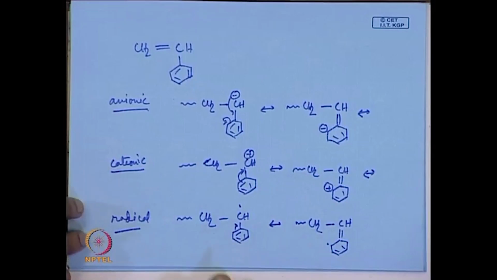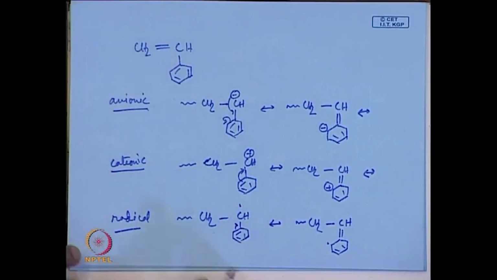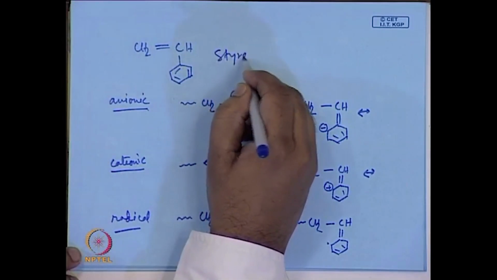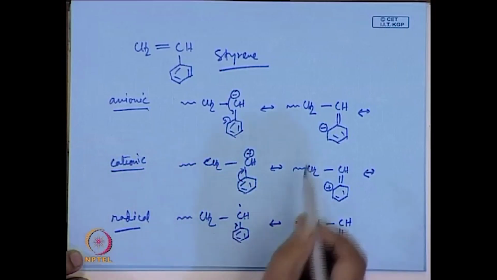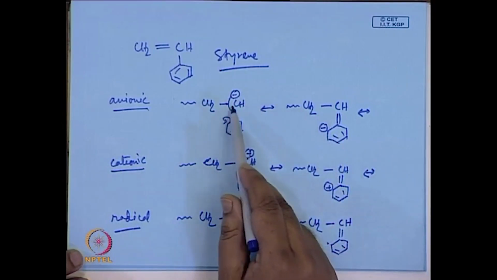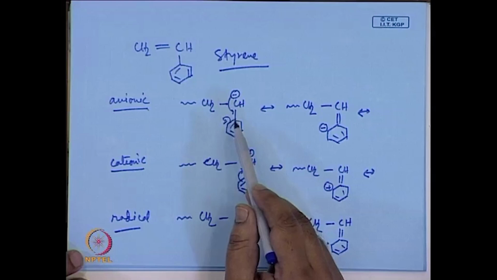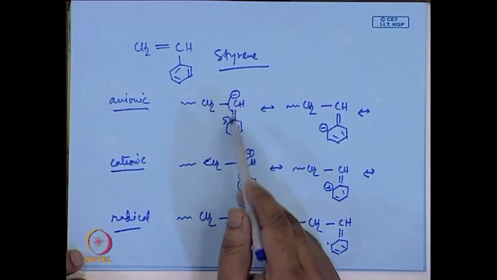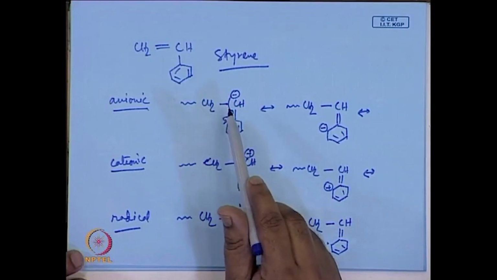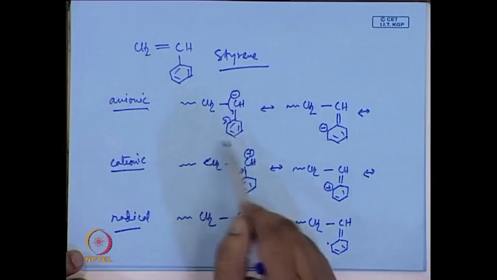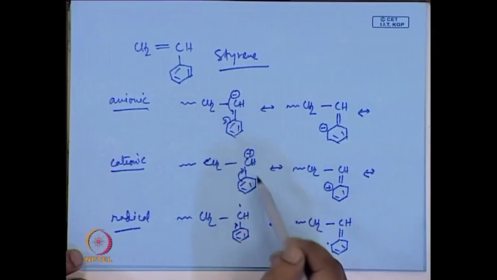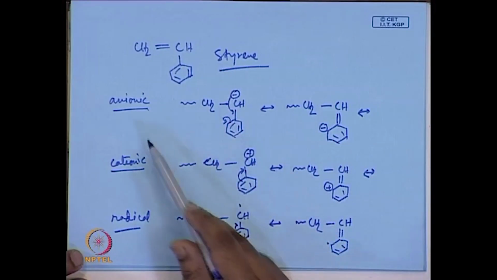Okay. Now, if you have a monomer like styrene, you can see that in each of these cases, anionic, cationic and radical, the reactive species which is forming because of the reaction of the monomer with the previous reactive species can be easily stabilized by a resonating structure in all the three cases.